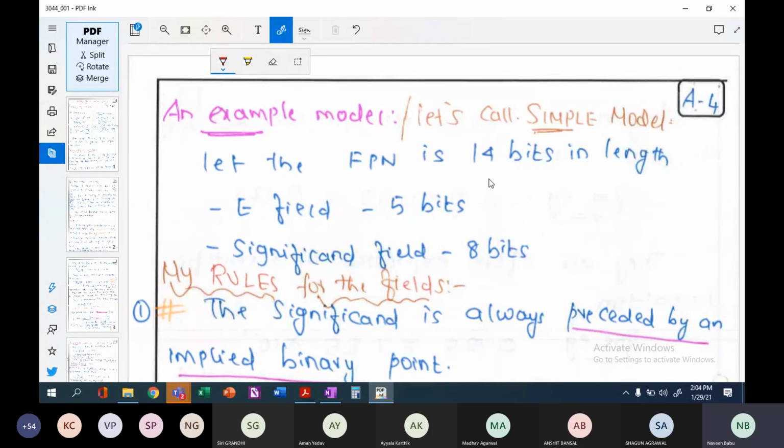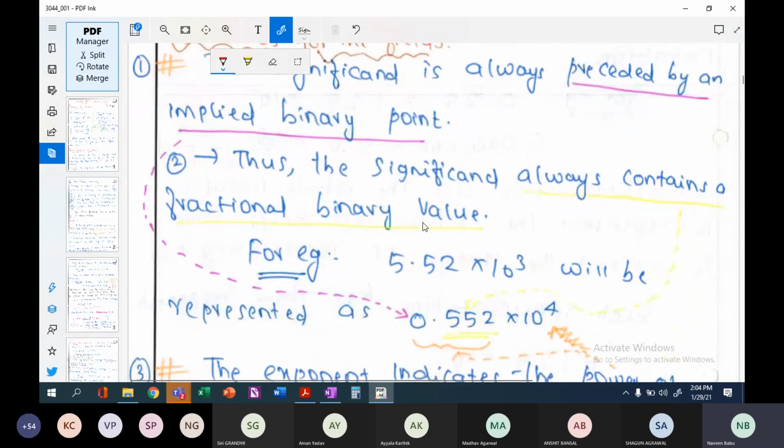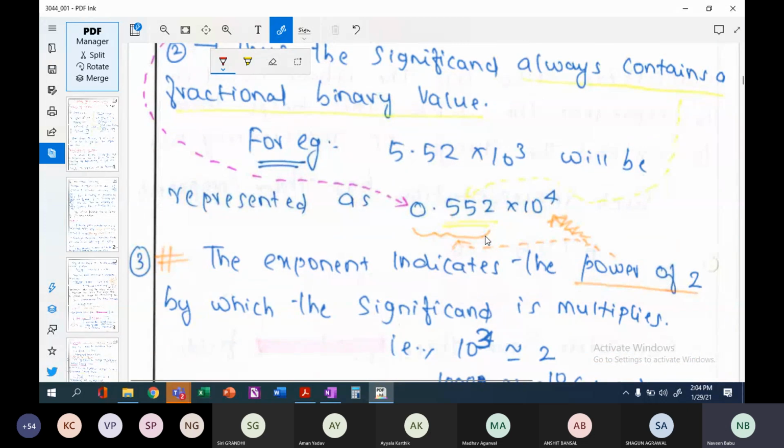So if we represent a floating point number with 14 bits length, we have divided it such that one bit will be the sign bit, and then 5 bits for the exponent and 8 bits for the significant part. We created our own set of rules. For example, we created our rules such that it must always start with 0 point something.